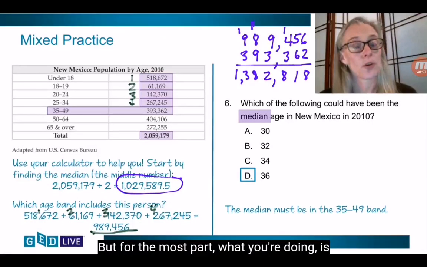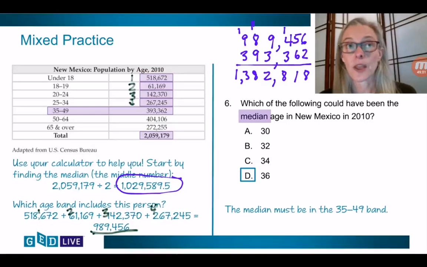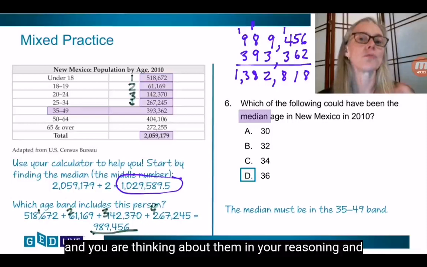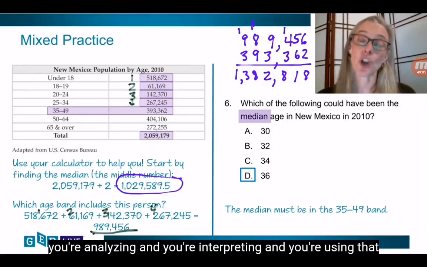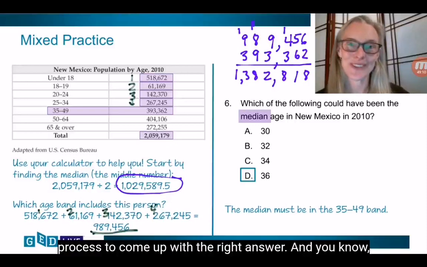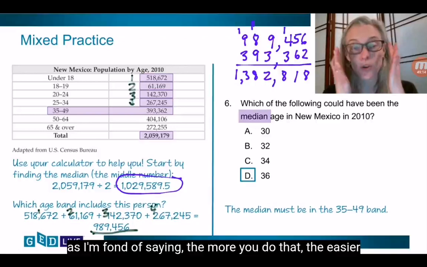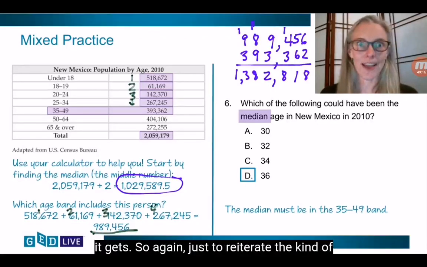But for the most part, what you're doing is taking facts that you're given and thinking about them, reasoning, analyzing and interpreting, and using that process to come up with the right answer. And, as I'm fond of saying, the more you do that, the easier it gets.